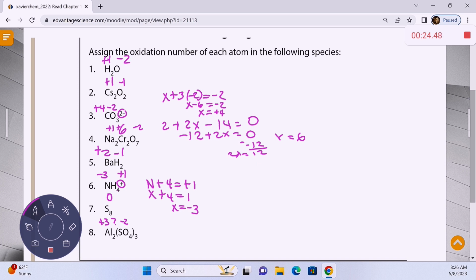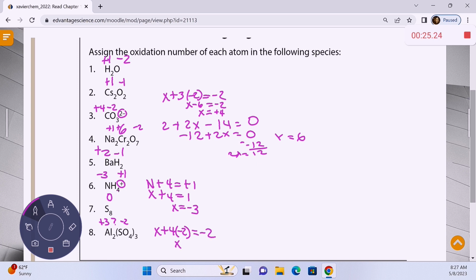Agreed? 2 ways of doing this. You can either add up all the oxidation numbers to 0, or this is the sulfate ion, so you could add up the oxidation numbers to the charge on the sulfate ion and solve for sulfur that way. It would be a little bit easier. Either way, you're going to get the same oxidation number. So if I take sulfur and label it X, plus 4 oxygen, the oxidation number on oxygen is -2. On your periodic table, what is the charge on sulfate? -2.